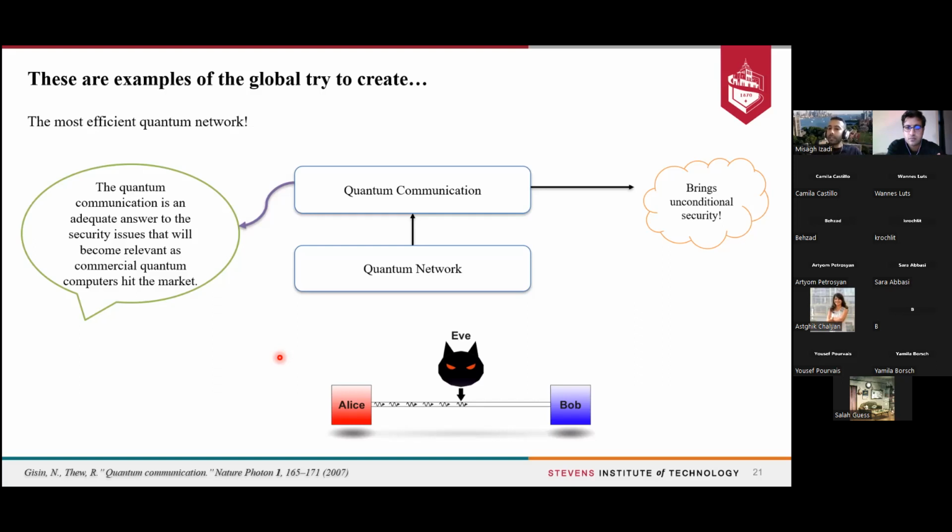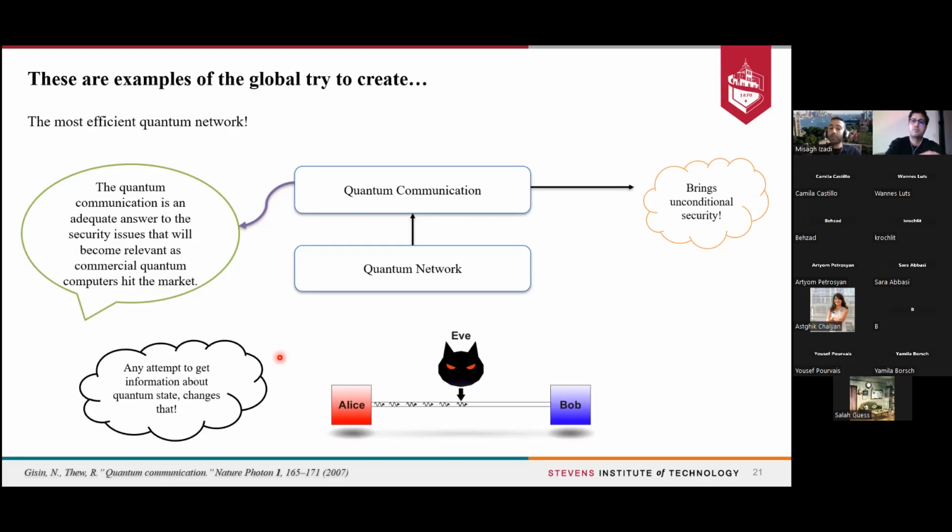In order to get information about your message, the eavesdropper has to do a measurement, right? But based on the principles of quantum mechanics, if you try to do any kind of measurement on this information, on this quantum state, you're going to change it. So there is no initial state anymore. And this is the protocol that we call quantum key distribution.